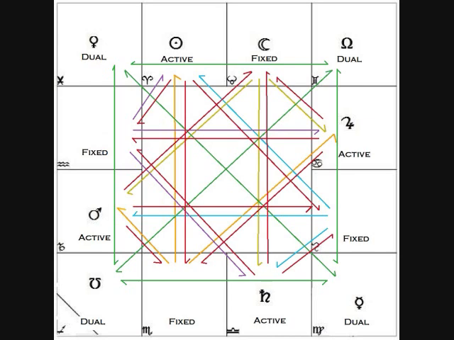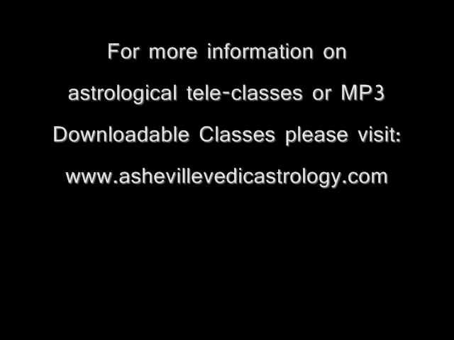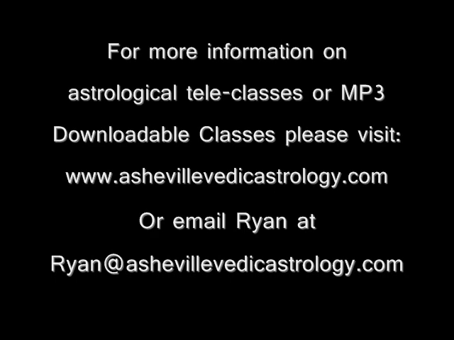And they all follow the same principles. Active signs, Rashi aspect all of the fixed signs except the one right next to it. All fixed signs, Rashi aspect all active signs except the one right next to it. And all dual signs, Rashi aspect each other. And remember, the Rashi aspects, they show how the different areas of our life commingle.